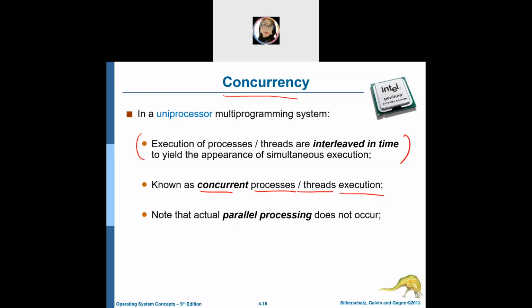Note that actual parallel processing does not occur in concurrency. You are not going to have parallel things together at 1 millisecond. So you cannot have parallel processing in concurrency. This is the information on concurrency.